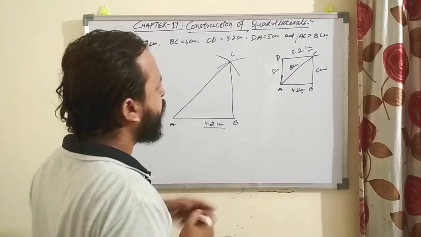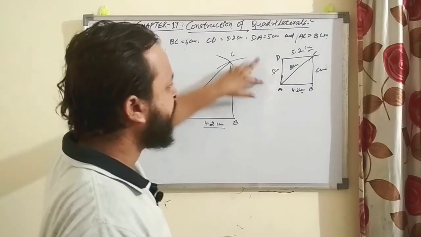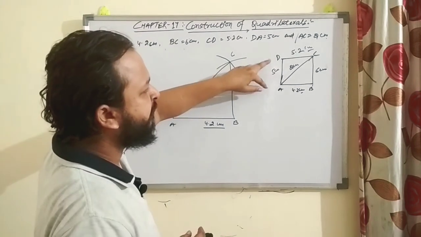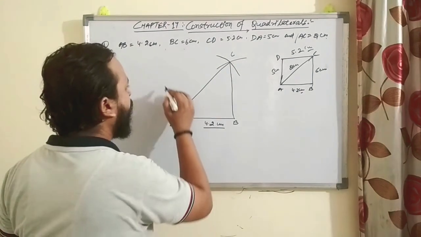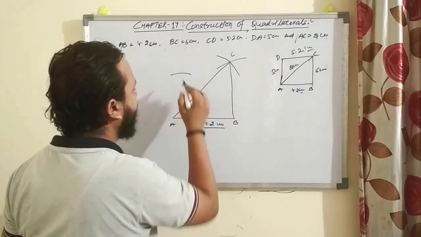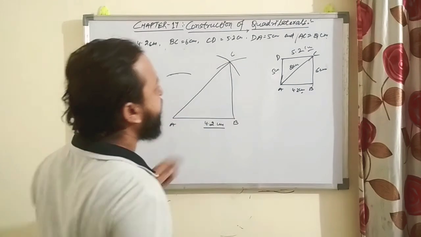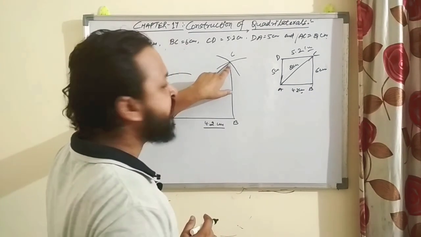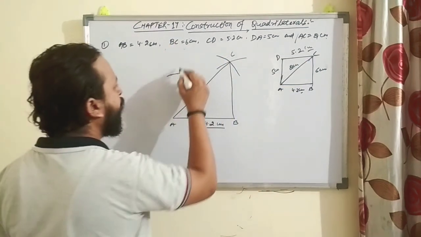Now you have to draw point D. Take the compass once again and take point A as a center. We're taking the distance 5 centimeter, and draw an arc. And now take the point C as a center, take the distance 5.2 centimeter and draw an arc.